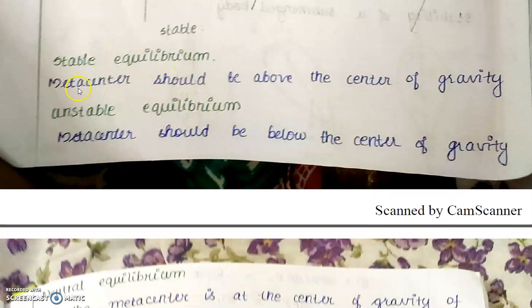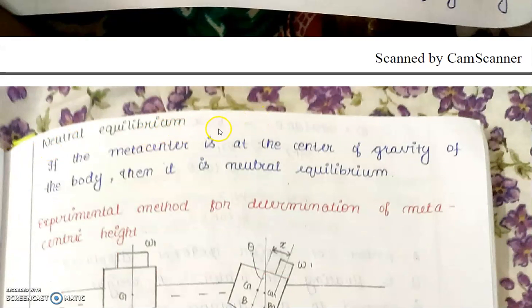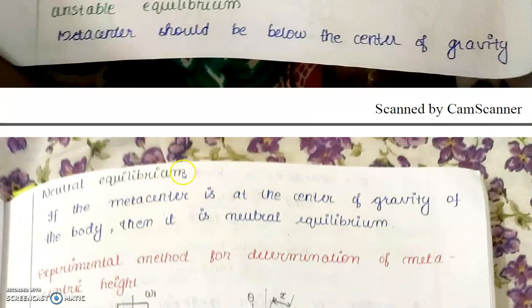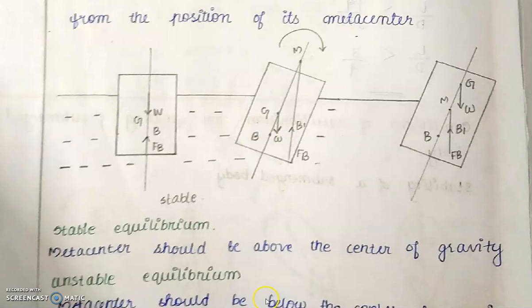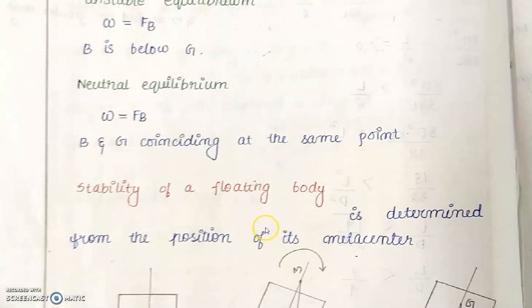Stable equilibrium: the metacenter should be above the center of gravity. Unstable equilibrium: the metacenter should be below the center of gravity. Neutral equilibrium happens when the metacenter is at the center of gravity of the body. So it is known as neutral equilibrium. I hope this is clear to you all.